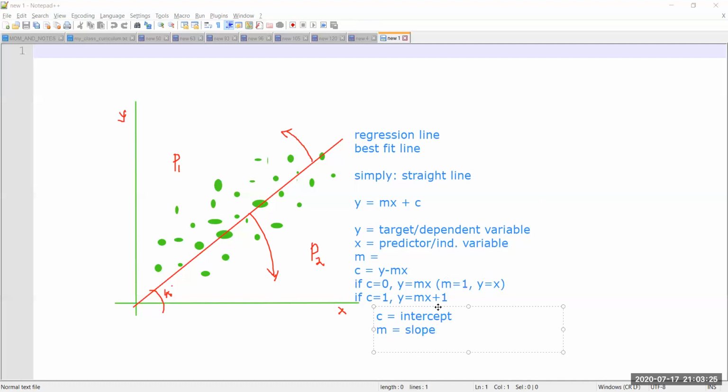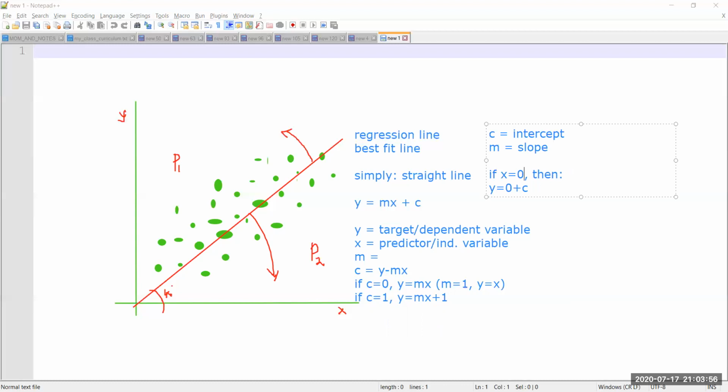Now, what is this concept of intercept? Intercept means if x is equal to 0, then what happens? y is equal to mx plus c, right? c we don't know. x is equal to 0, then this part is 0, irrespective of whatever the value of m is.